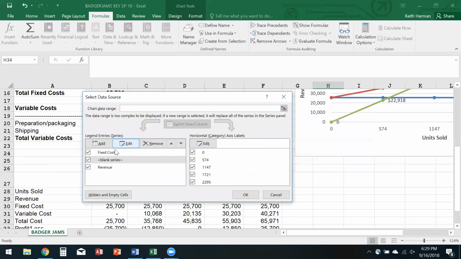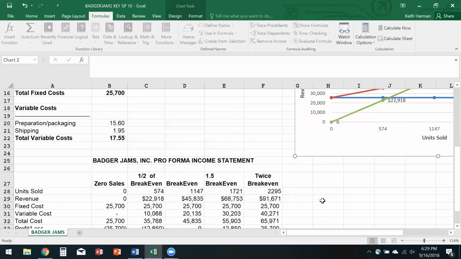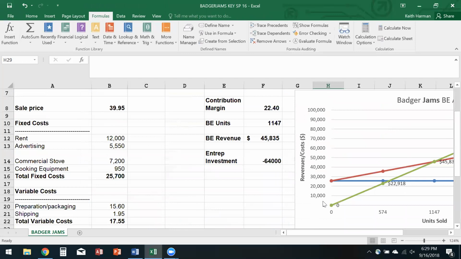We'll click on it. And we'll have to cancel this because it's not a blank series anymore. Then we have the revenue, and then we're going to edit that. And that shows us where the revenue is. And we'll cancel. And there we are.